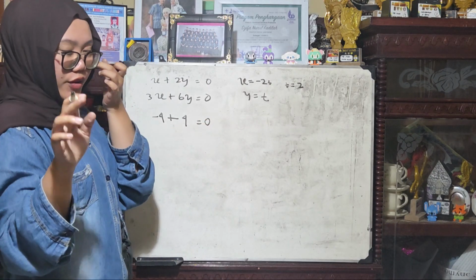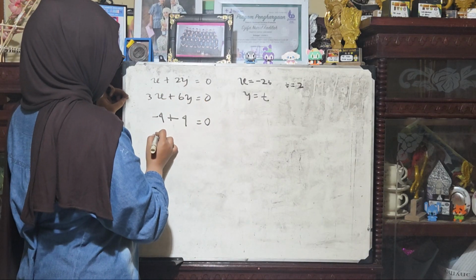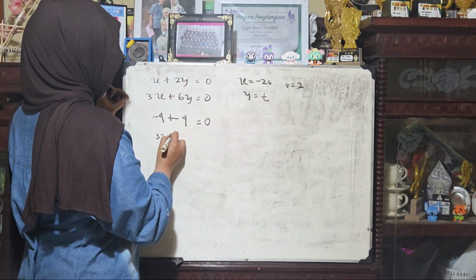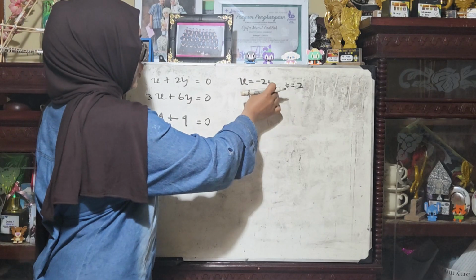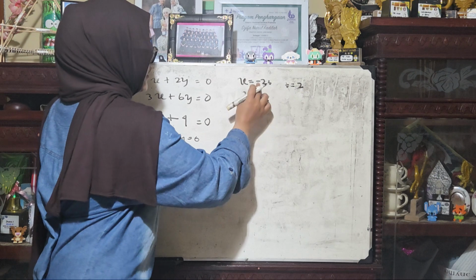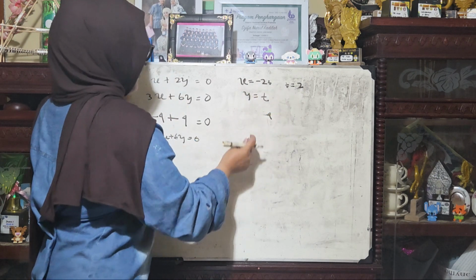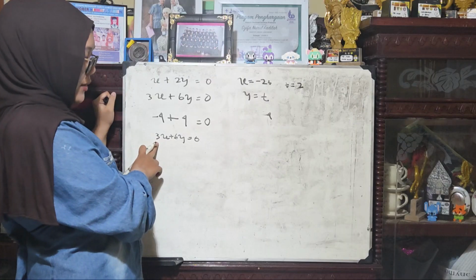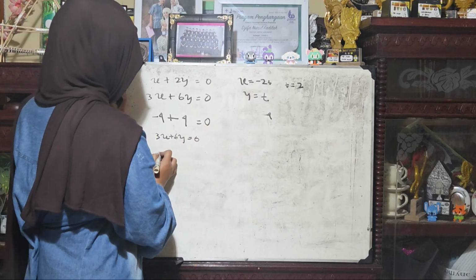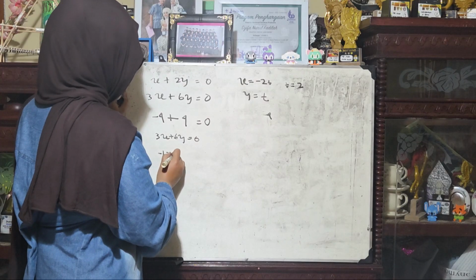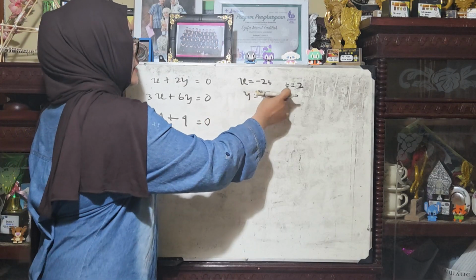Let's take a look at the second equation. We have 3x plus 6y equals 0. t is 2. So we are going to process this first. Minus 2 times 2 equals minus 4. Then 3 times minus 4, because our x is now minus 4, is minus 12, plus 6 times y. y equals t, and t is 2.